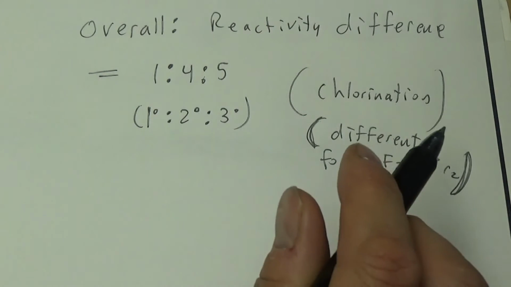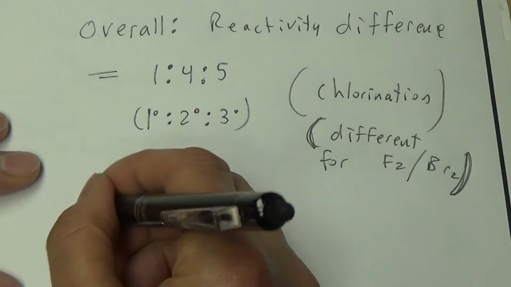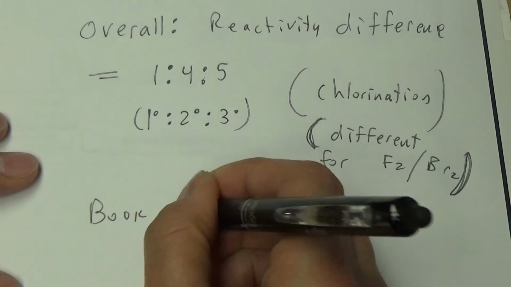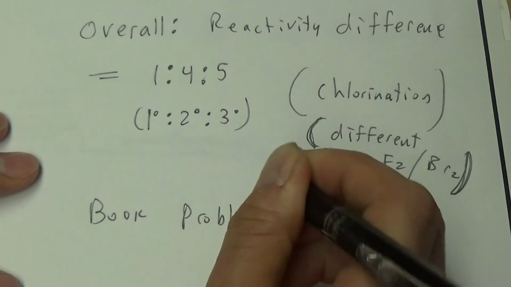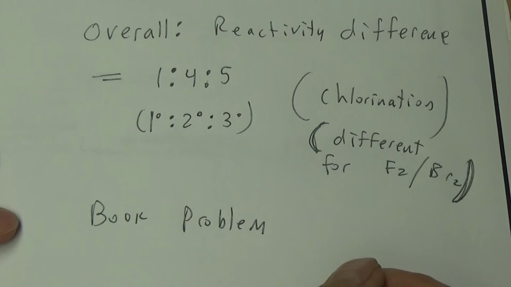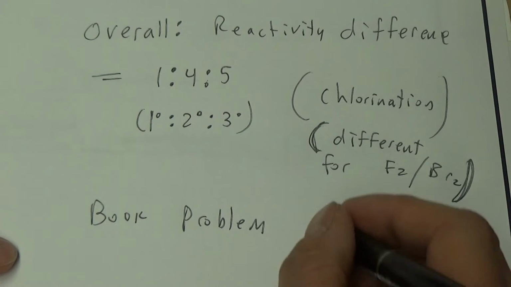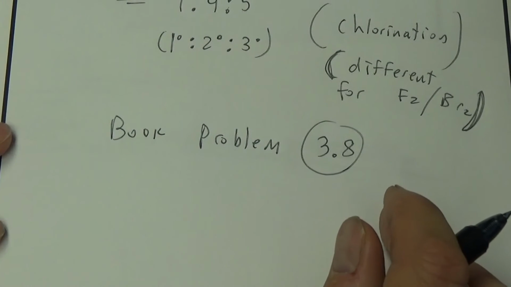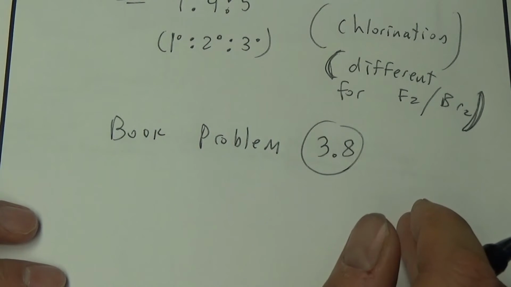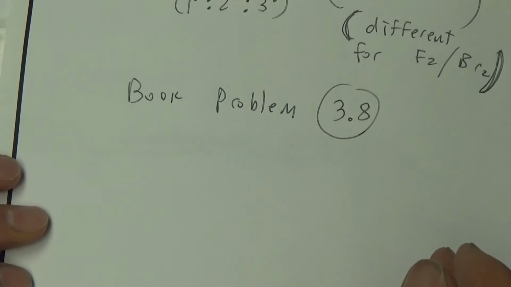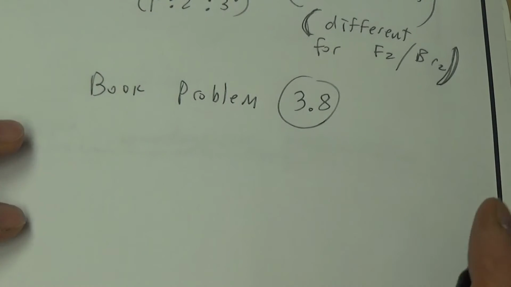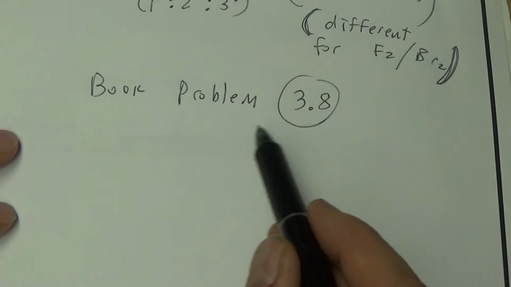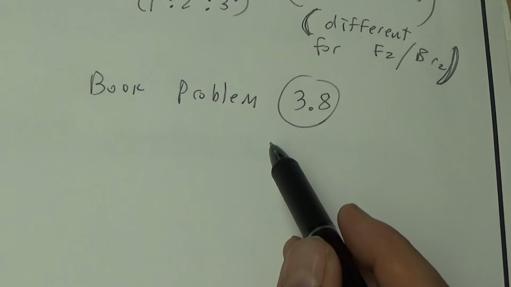All right. Okay, so let's do a book problem. I think it's problem 3.8. That should be 3.8 in definitely the 6th and I think 7th edition. You should try this book problem yourself, but let's do it together.